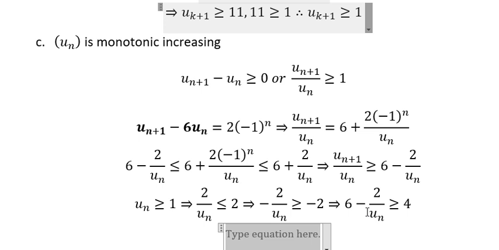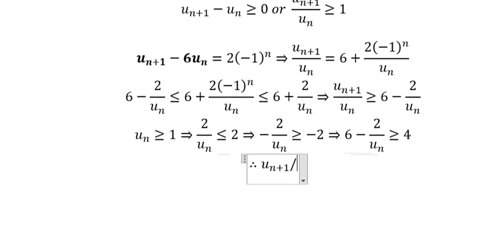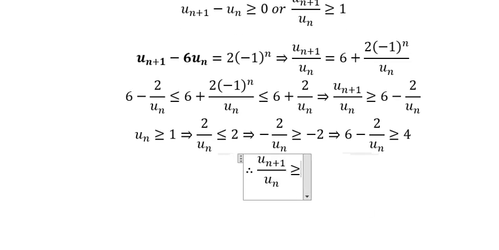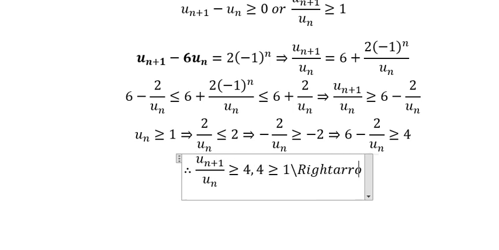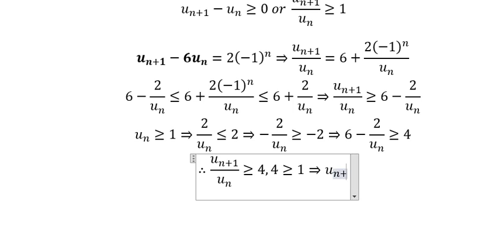So at the end of the day, we have seen that Un plus 1 divided by Un is bigger or equal to 4.